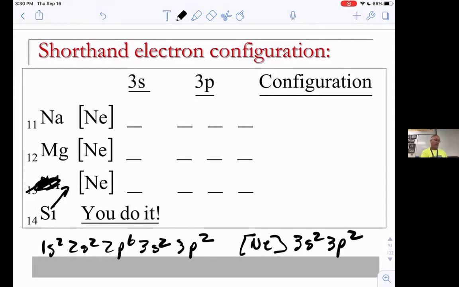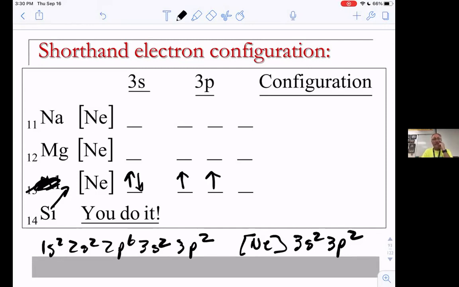If I were doing the orbital diagram to represent these 4 electrons, you would assign one here, and then you assign the next 2 in the p, 1 in each orbital before you double them up. So this is like the plus half, and then another plus half before you go back and do negative half, negative half, negative half.